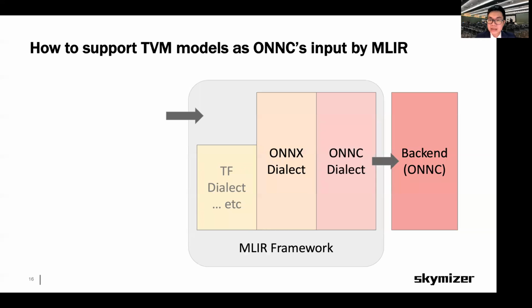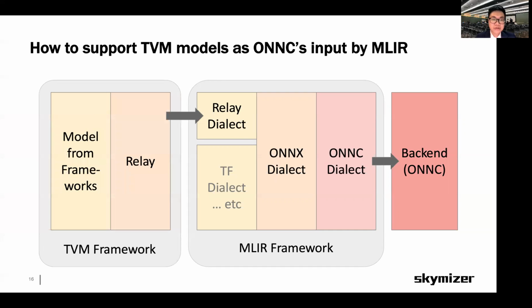We have ONNC's backend and ONNC dialect, and we implement the Relay dialect, and also we implement lowering between the Relay dialect and the ONNC dialect. So we could use TVM's front end and TVM's Relay as our input. So we could use a model from TVM and use our ONNC compiler's optimization technology to optimize these models and generate a binary through the ONNC compiler.